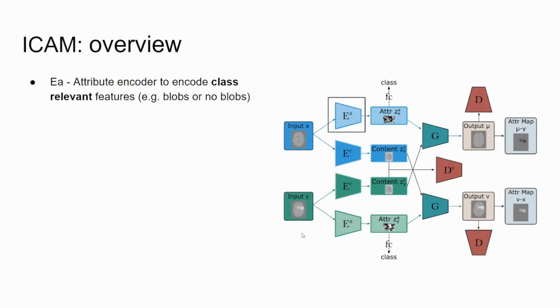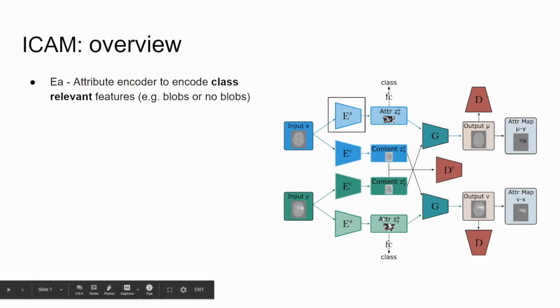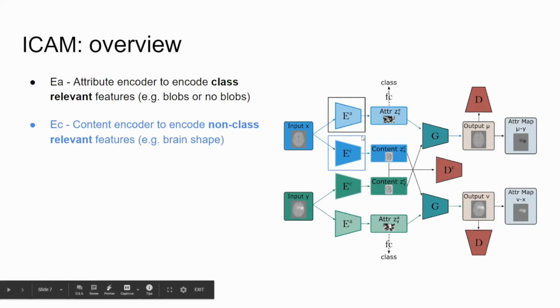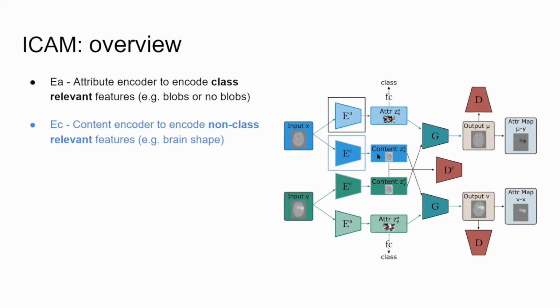Both of these inputs are passed through the network to create an attribute latent space, ZA. At the same time, these inputs are passed through a different network, which is a content encoder, again shared between all different classes, to encode non-class relevant information.